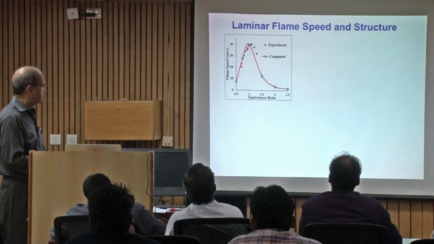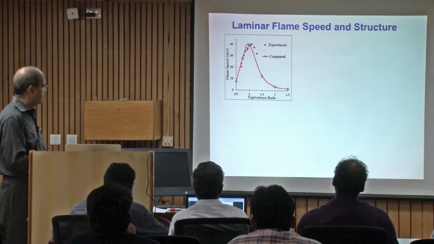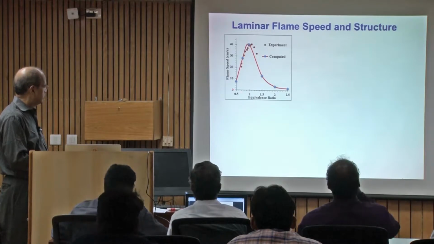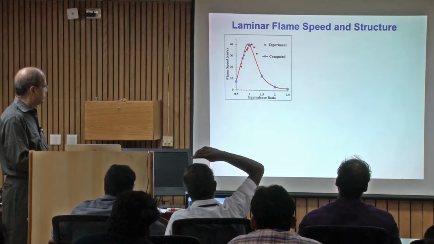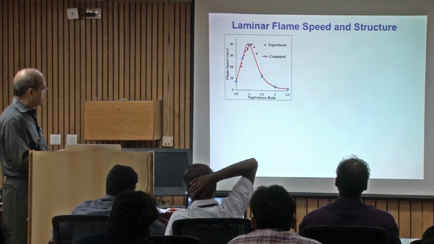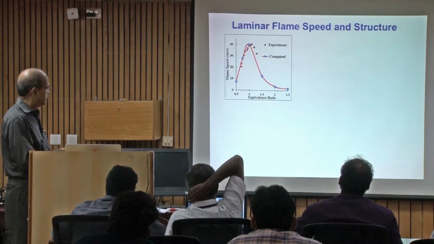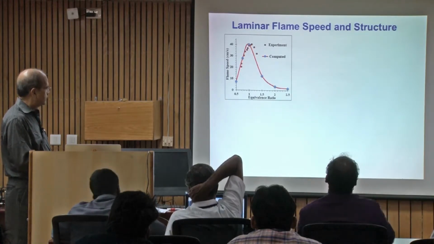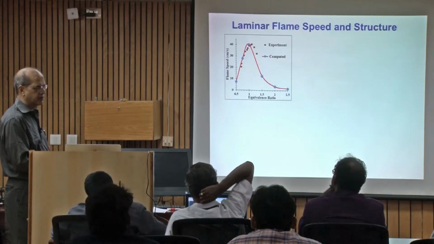So these are some results. This is for a propane flame. I'm plotting here flame speed versus equivalence ratio. You have the experimental data, and of course this is the Chemkin computation.